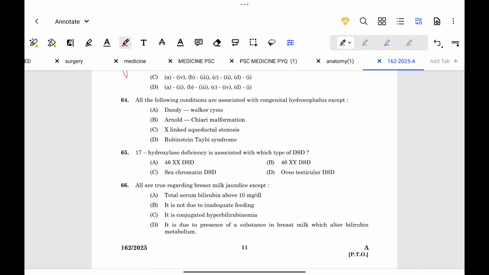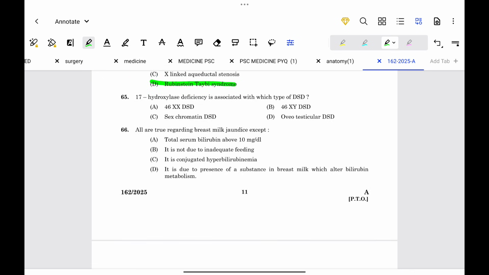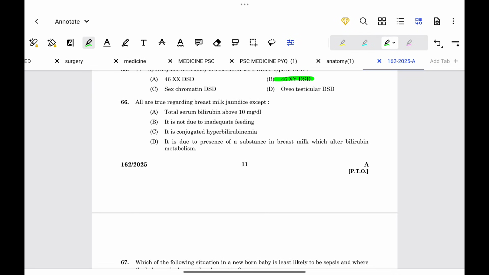Next, all of the following conditions are associated with congenital hydrocephalus except Rubinstein-Taybi syndrome. Next, 17-hydroxylase deficiency is associated with which type of DSD? This is 46 XY DSD. All are true regarding breast milk jaundice except it is conjugated hyperbilirubinemia.